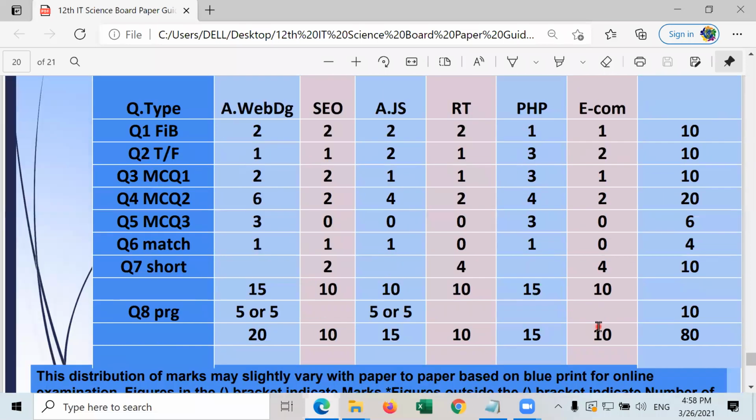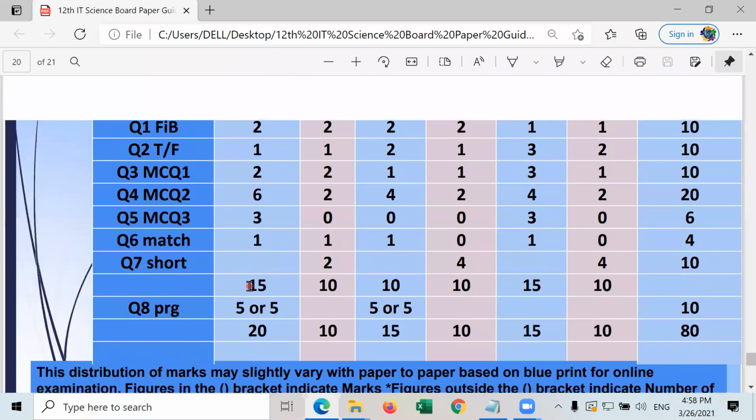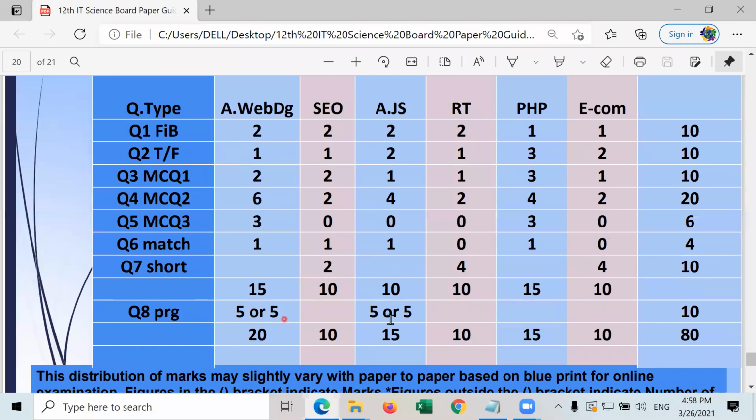Okay. Now for question number 8, you have to study chapter number 1, that is advanced web designing, and chapter number 3, that is advanced JavaScript. We have discussed this part a few minutes back. You will be asked to type an HTML program or JavaScript program. You do not have to study PHP program for your IT online exam.